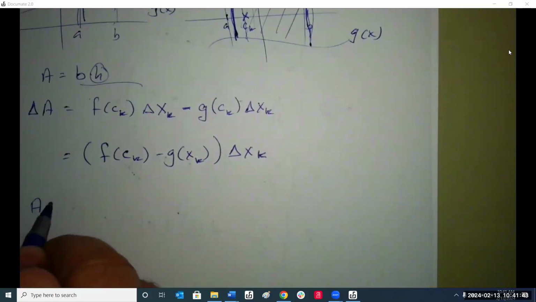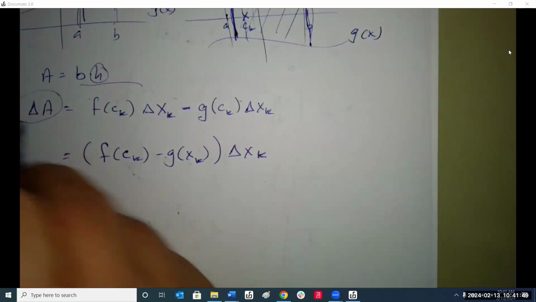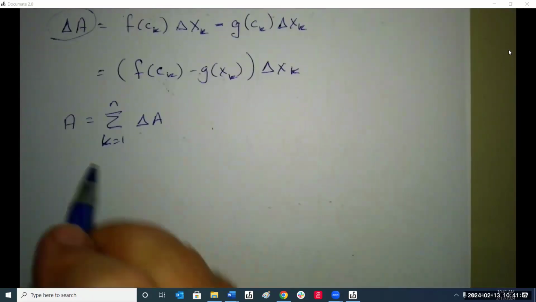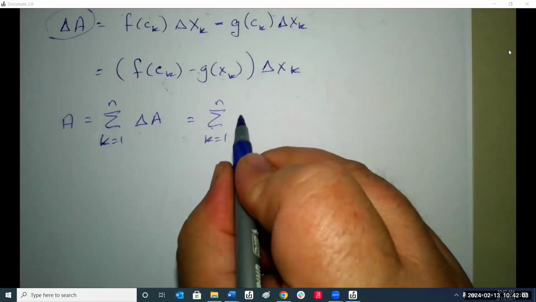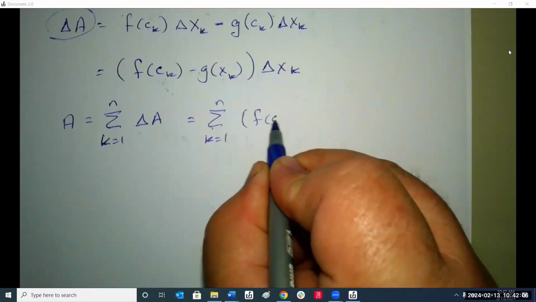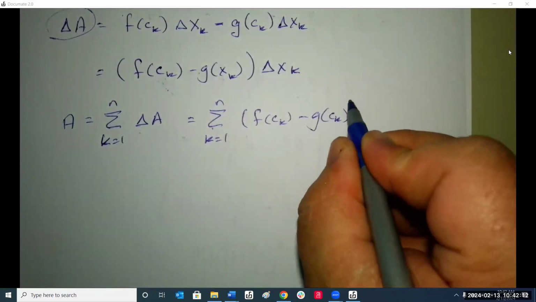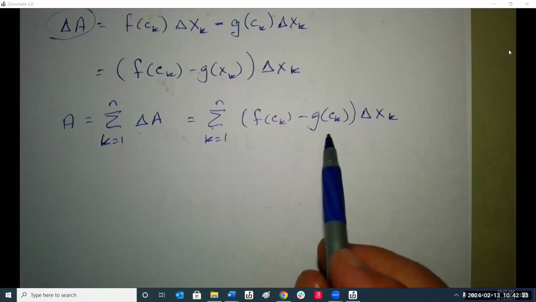So to find the area, we have to add up all of our delta A's from k equals 1 to n, which equals the summation from k equals 1 to n of f of c k minus g of c k times delta x. The only real difference here is that now we have to take the difference of the two functions.